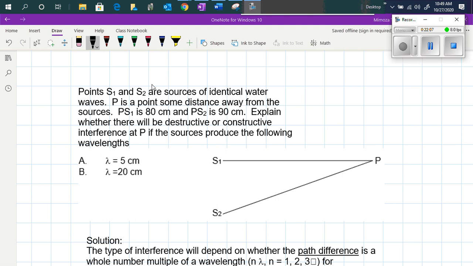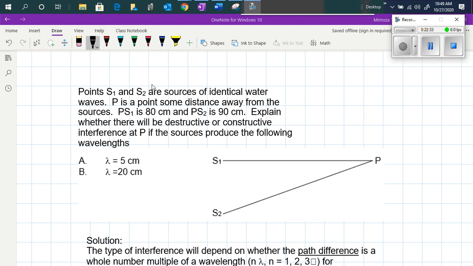So the largest amplitude minus the smallest amplitude is what you will see in a destructive interference. Now, two identical waves means two waves that have the same characteristics: the same amplitude, the same frequency, the same wavelength.